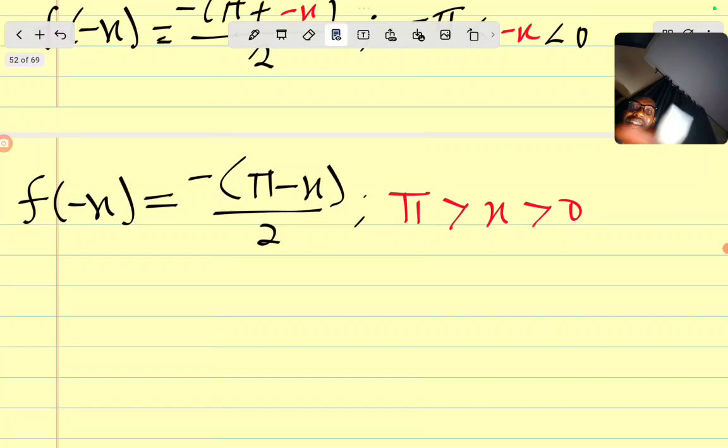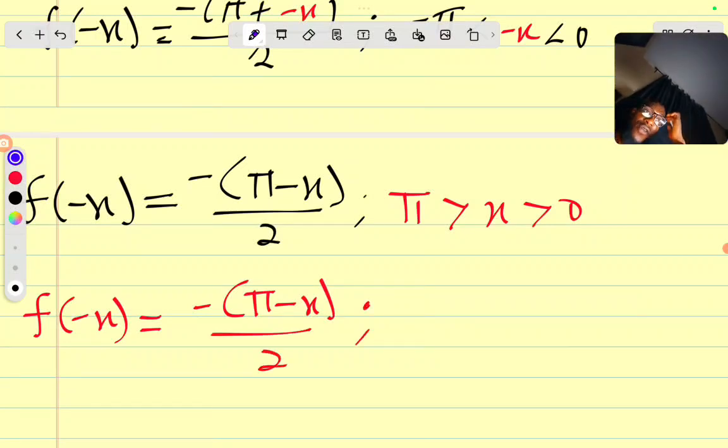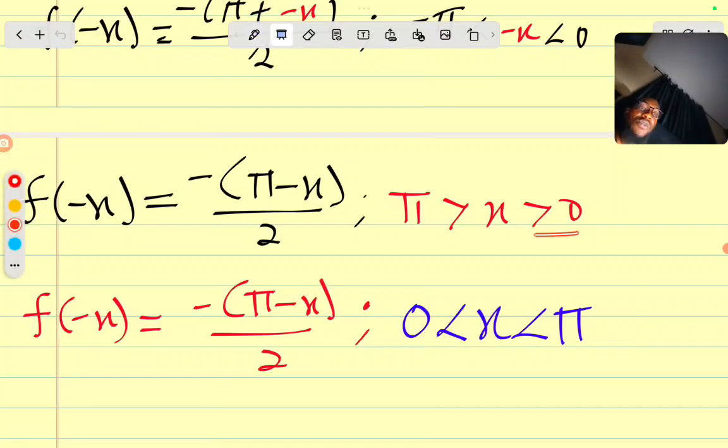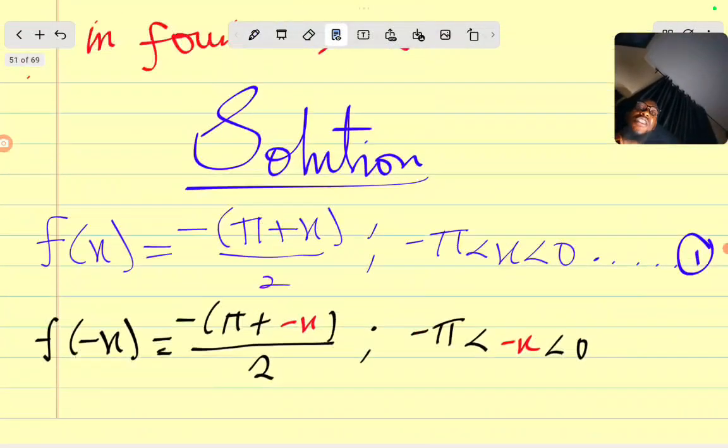So this can also be written as f of minus x equals minus pi minus x all over 2. The interval will now be, in the normal form, 0 less than x less than pi, by taking it from the back side. So this now gives me equation 2.